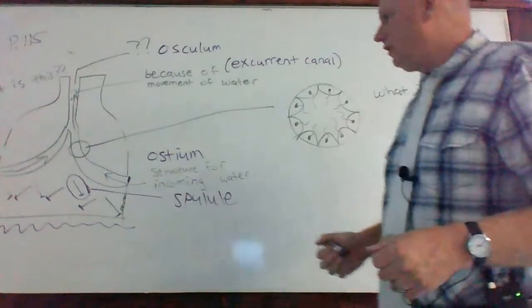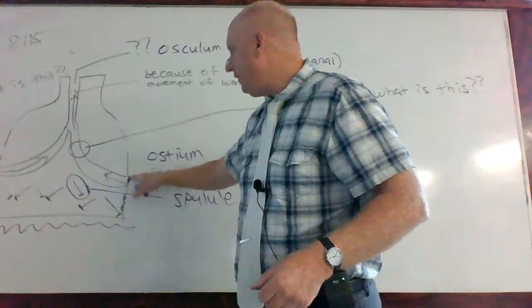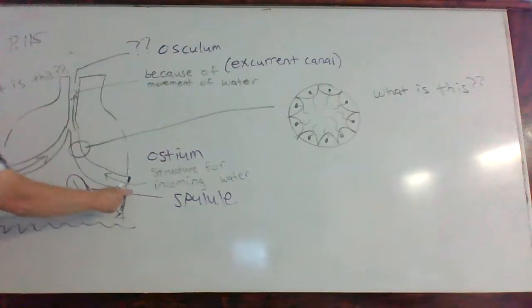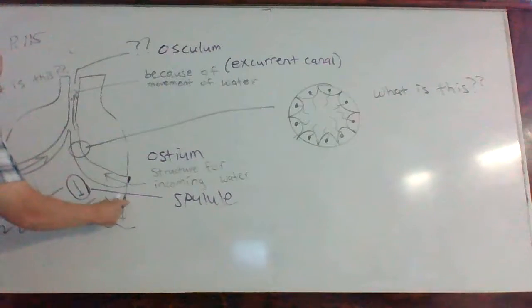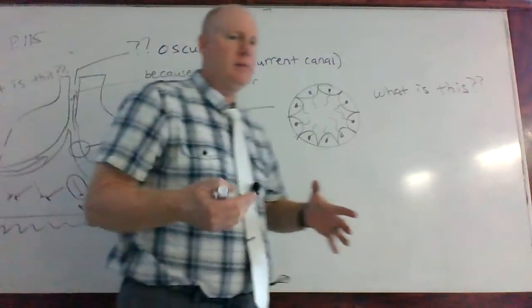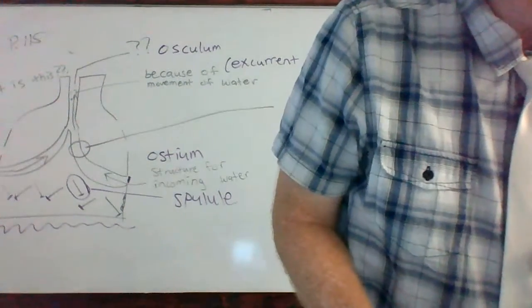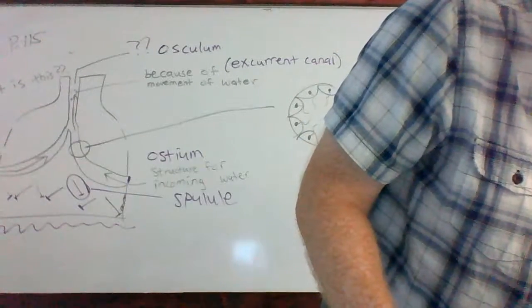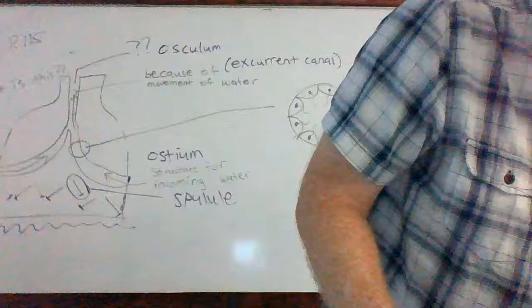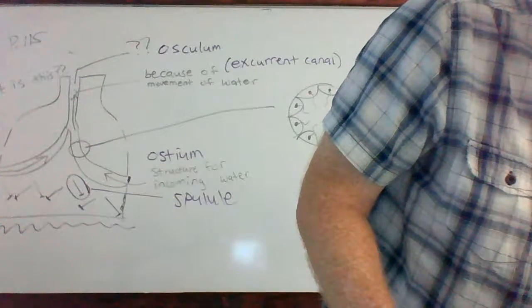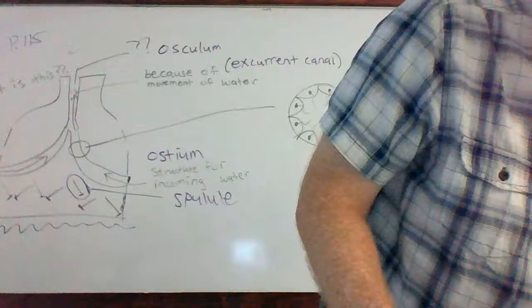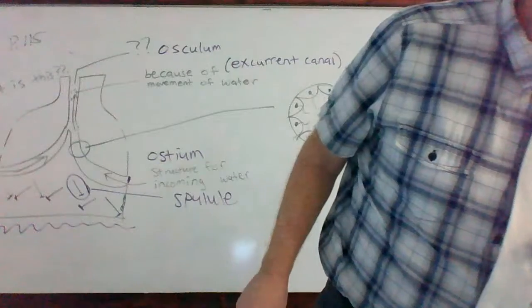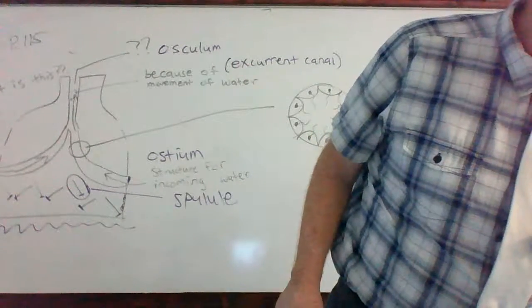Then, when we look at cells that line this exterior, that's what these two structures are supposed to be. If these are ostium and this is on the surface, when you look at, I believe also page 116, you have your spicules, and these structures along here, this is figure 6.7.